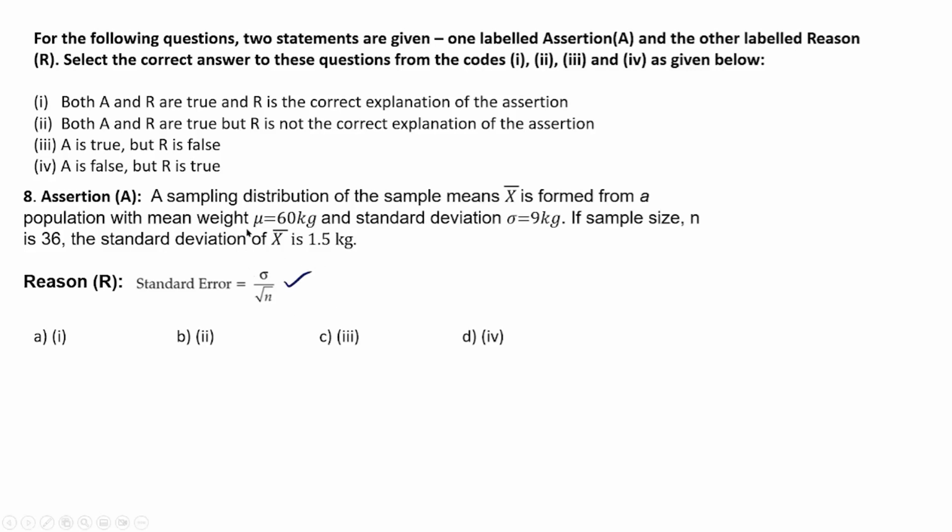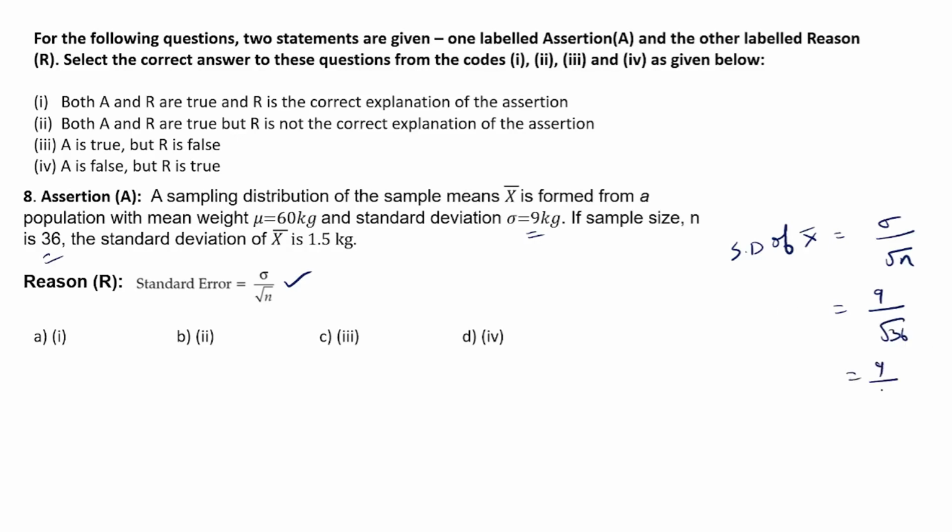Now let us check the assertion. Here sigma is 9 kg and the sample size n is 36. So the standard deviation of x bar is equal to sigma by root n, which is 9 by root 36.